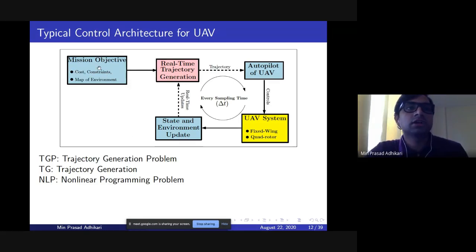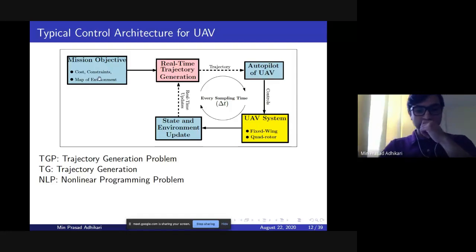And constraints are like the UAV's control constraints, such as the rate at which the flap can change, the rate at which we can increase or decrease the RPM of the motor, the propeller's RPM, right? And the map of the environment. All of these come under the mission objectives, and you want to force all of that into the trajectory generation block.